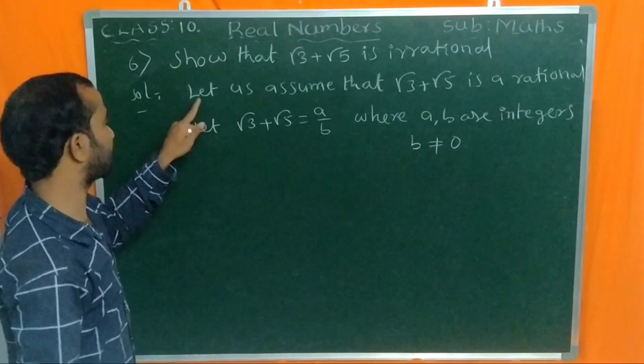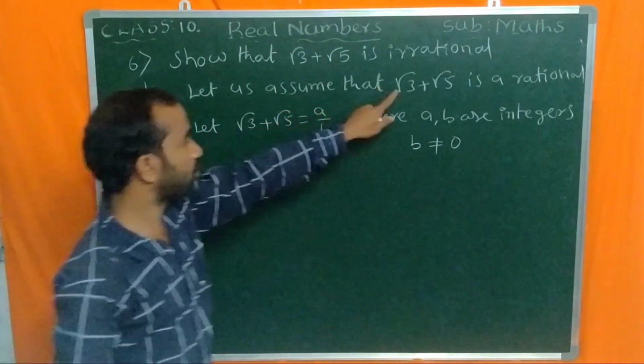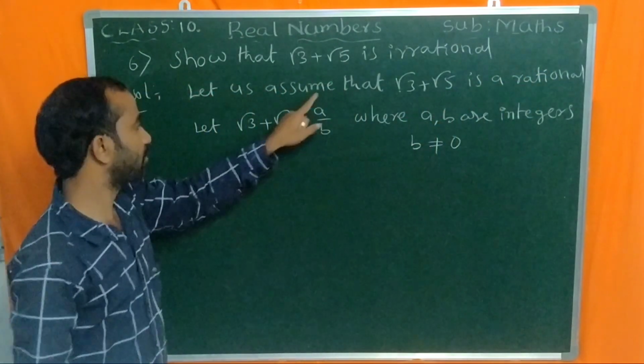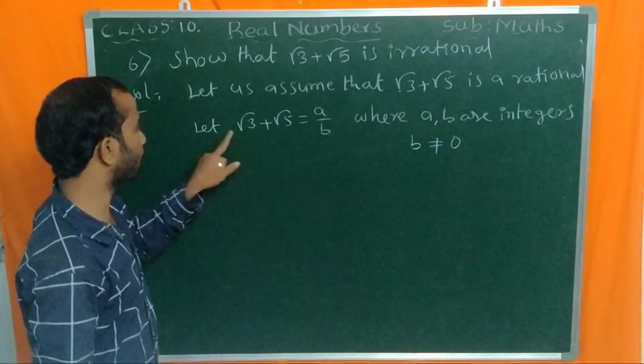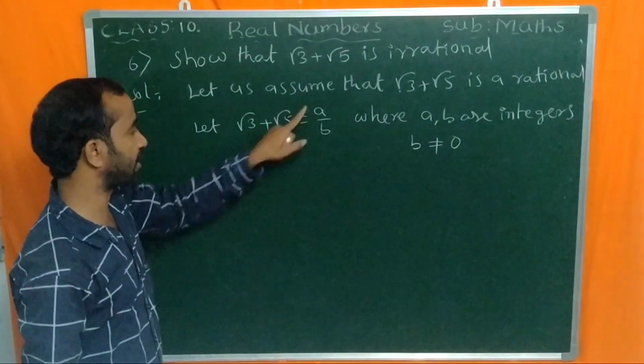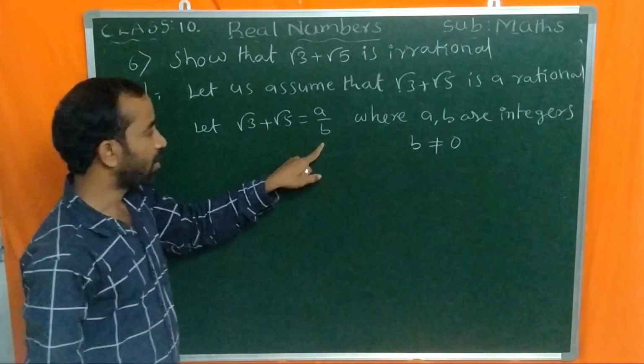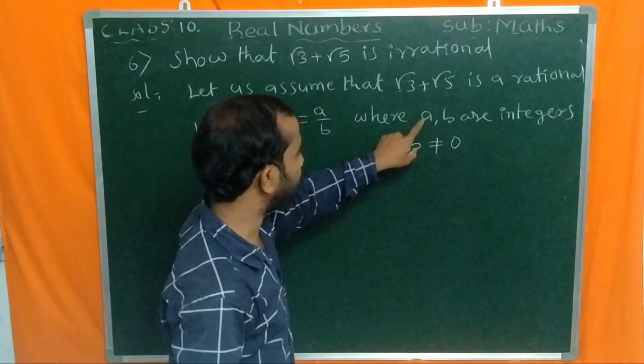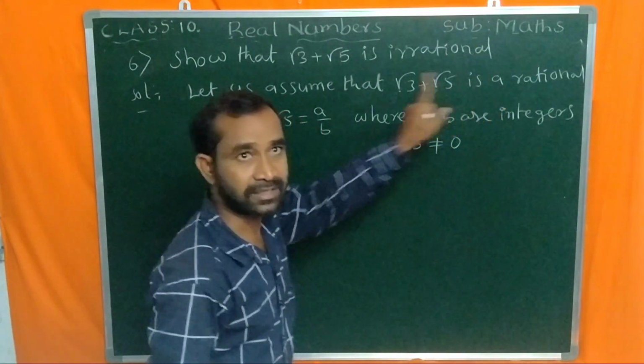First let us assume that root 3 plus root 5 is rational. Rational means p by q form. So root 3 plus root 5 can be written as a by b, and also b does not equal 0 and a, b are integers.